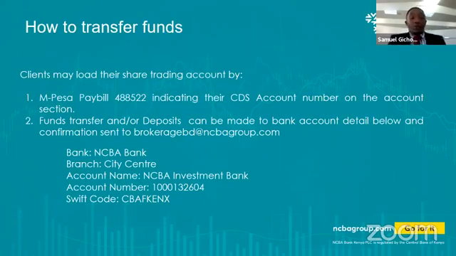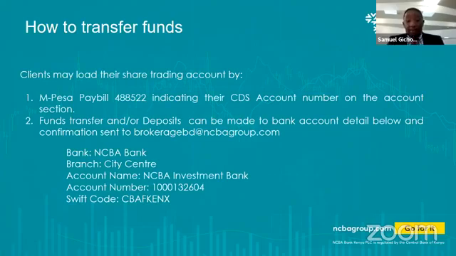The other question we usually get is, how do you transfer your funds? To load funds onto your account, you use the M-Pesa pay bill 488522 and indicate your CDSC account number in the account section, and that will upload the account automatically. I have also put the funds transfer details there, which is you can send to NCBA Bank, City Center branch, and the account name is NCBA Investment Bank.